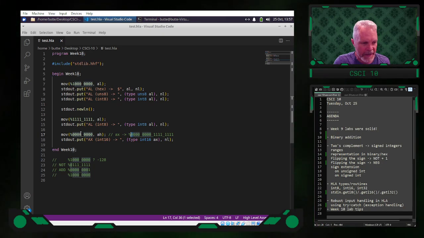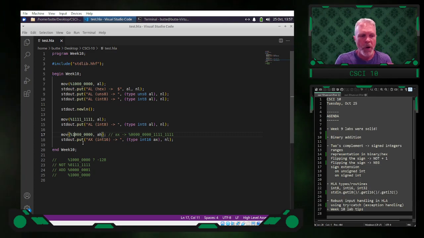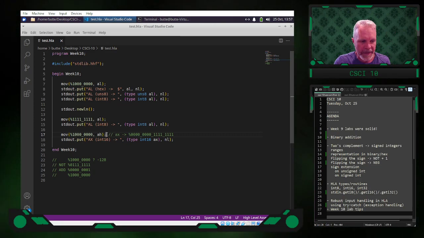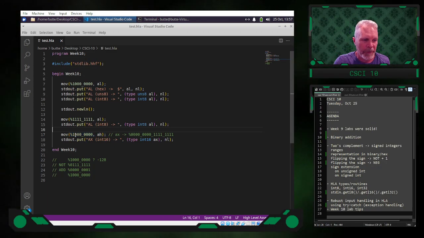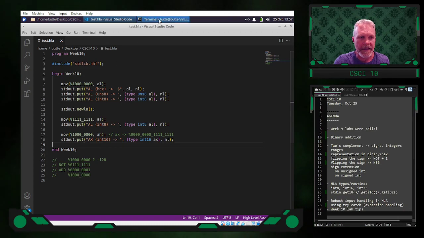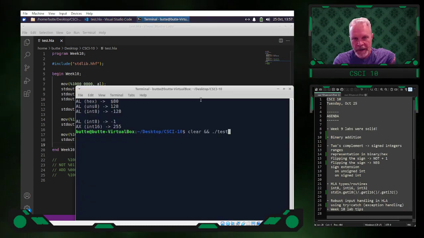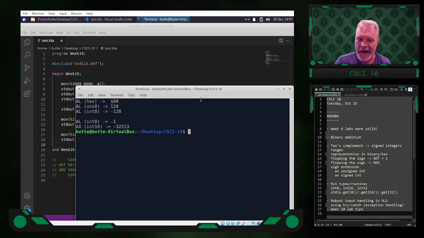So what then if we were to just grow AL out into AX basically by filling up the upper half, AH, but flicking on that sign bit so that it's a negative number once again? Does that preserve the -1 but in a bigger space? It does not.